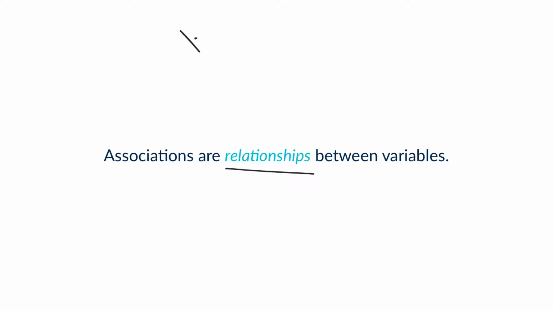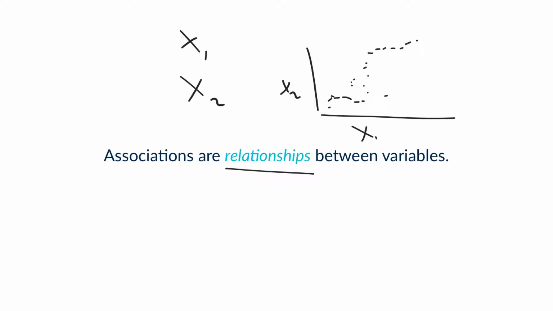If we have variable x1 and variable x2, and we collect a bunch of data, we can see there seems to be some kind of relationship between these two variables.